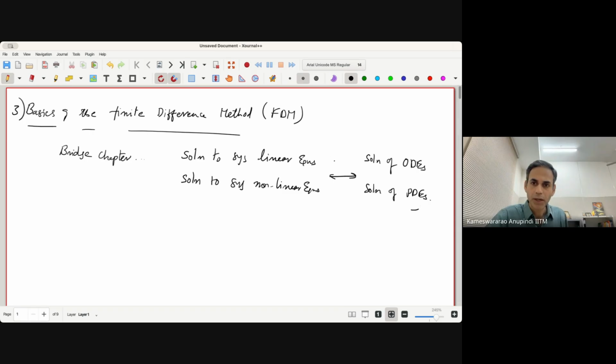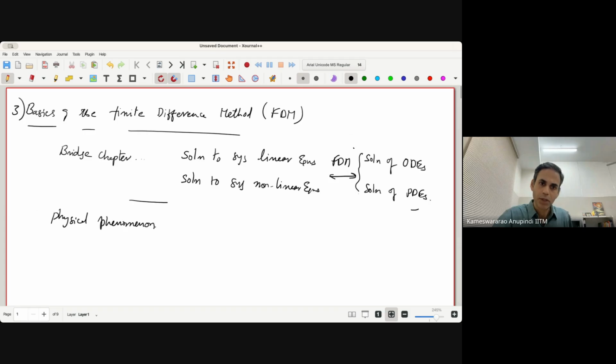So essentially this is going to help you convert or solve all the problems that you would get from the solution of ODEs and PDEs, which are the next chapters that are going to come, to kind of cast them into the system of linear equations and system of nonlinear equations.